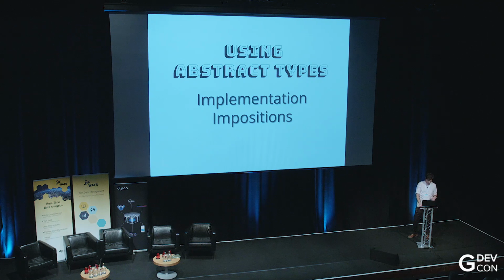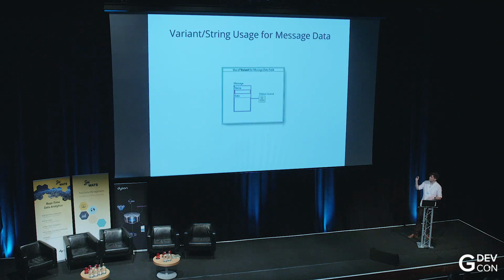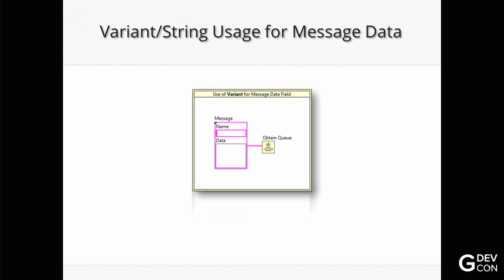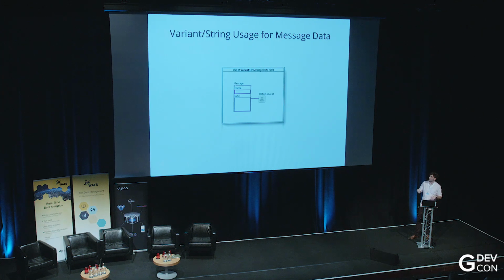So we see this with things like using the data field within a message. Typically we'd use a variant. Some people use strings. Here, because we've chosen to use a LabVIEW queue for messaging, we know that LabVIEW queues can only take one type. We assign it when we create the queue, and then we can't ever change that type. So if we want to be able to send messages where we can bundle along with our message name any arbitrary data, we're going to have to use this pattern.